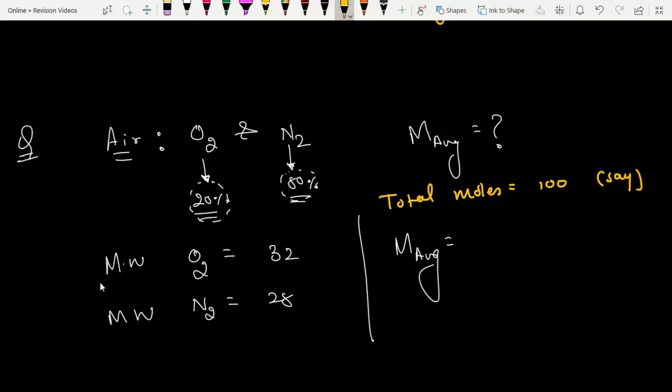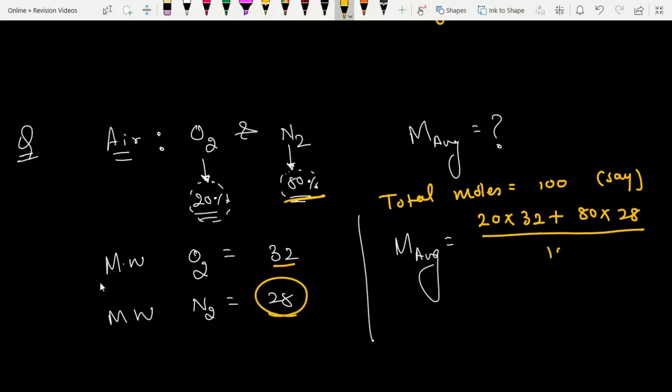given in the question. So average molar mass will be equal to moles of oxygen, which is 20, into molar weight of oxygen, which is 32, plus moles of nitrogen, which is 80, into molar weight of nitrogen, which is 28, divided by total number of moles, which we have already assumed to be 100.